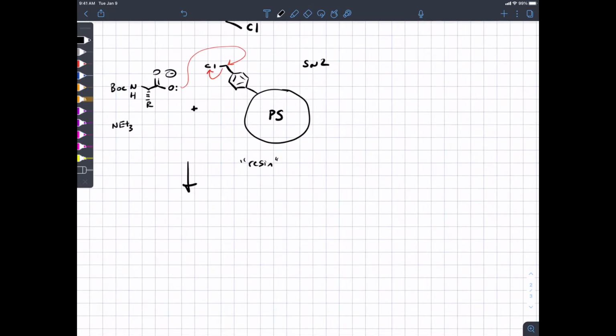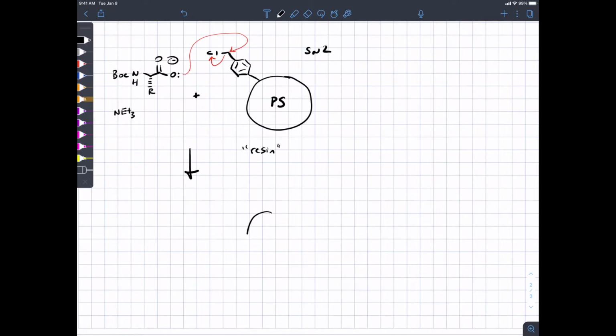And then what do you have? Now, instead of chloro attached to your polystyrene bead, you have an amino acid.